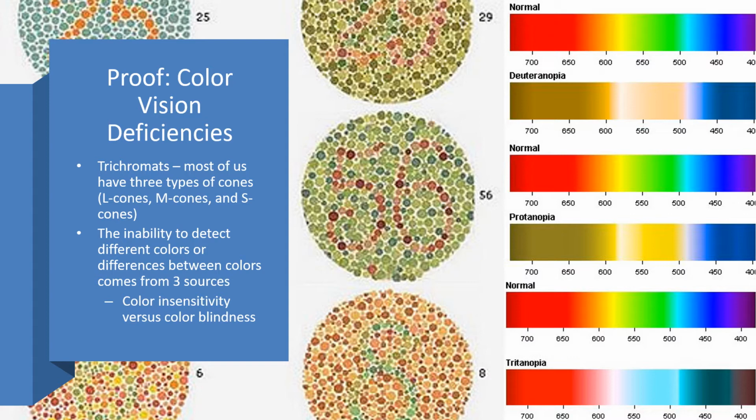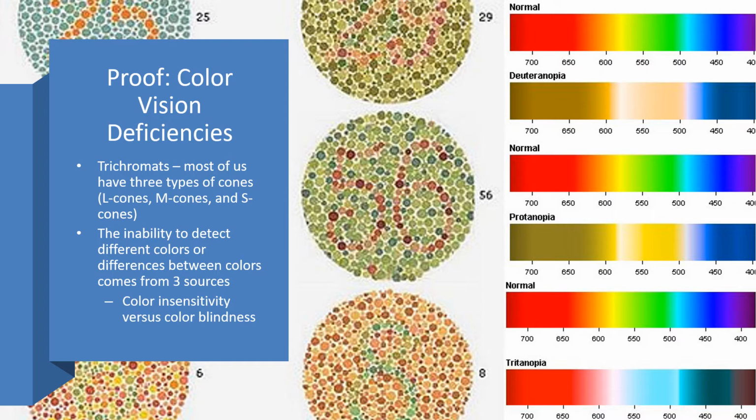If you look on the right side of this slide, you see 3 pairs of lines. For us, the line on the top for the deuteranopia pair is very different from the line right below it. But somebody who struggles with this color vision deficiency can't tell that there's a difference between those 2 lines. Same thing for the protanopia pair and the tritanopia pair.